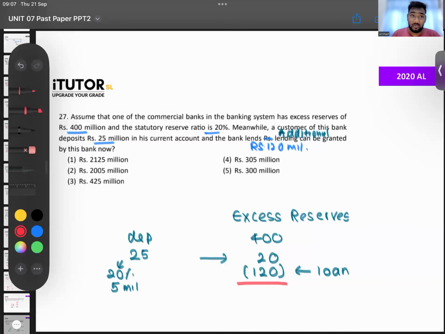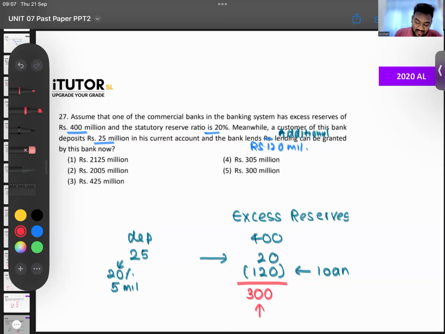They had 420. They have given 120 as a loan for a new customer. So now they only have excess reserves of how much? Of 300. So the question is asking how much of additional lending can be granted by the bank now? How much of new loans can they give? If another customer comes and asks, how much can they give? This 300, no? This is the amount that they can give.